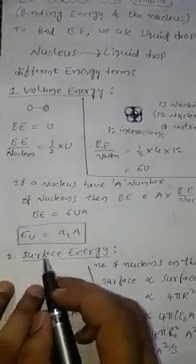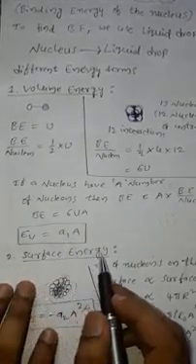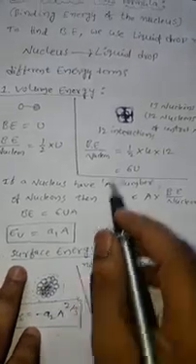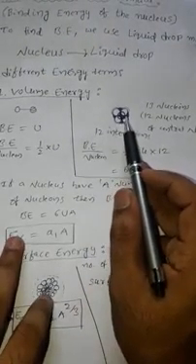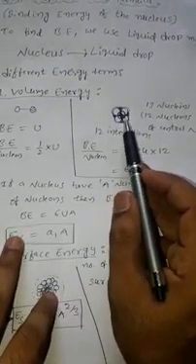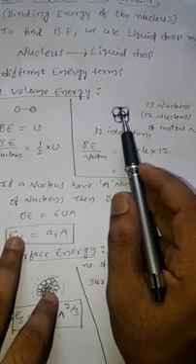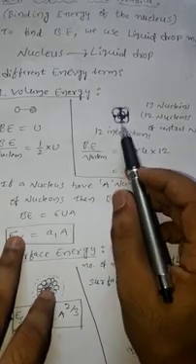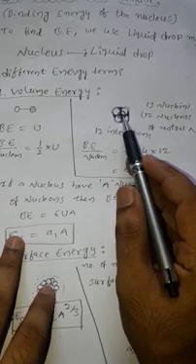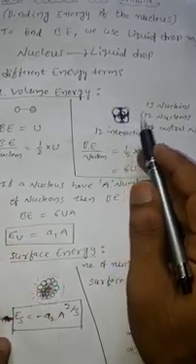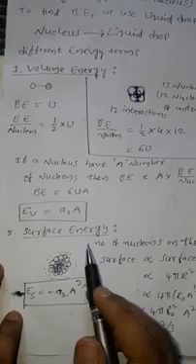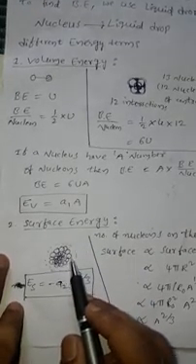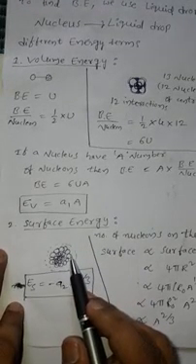Now the second term is surface energy. In the above cases we have 12 nucleons around a center nucleon, but there are some nucleons which don't have 12 interactions.